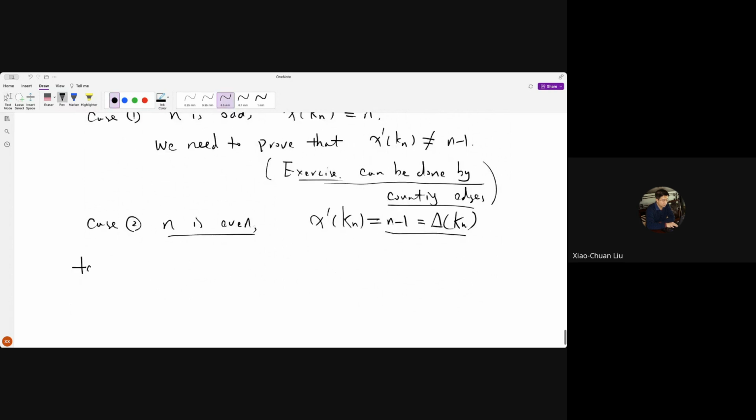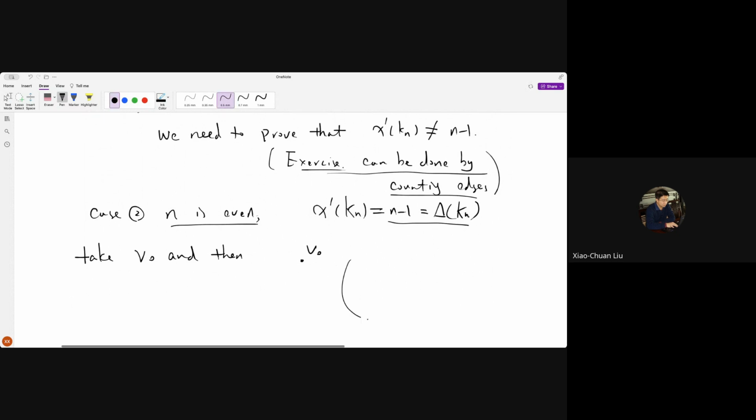To prove this, I take V0, and then I look at the remaining copy of Kn minus 1.